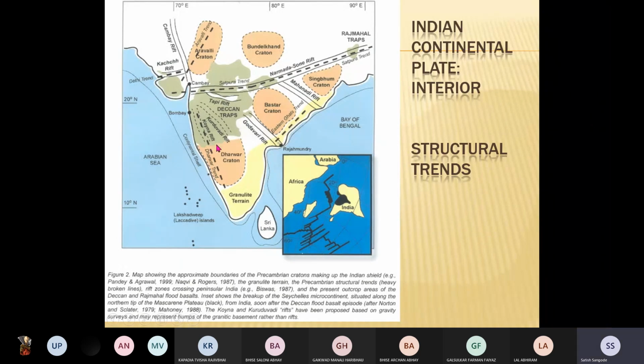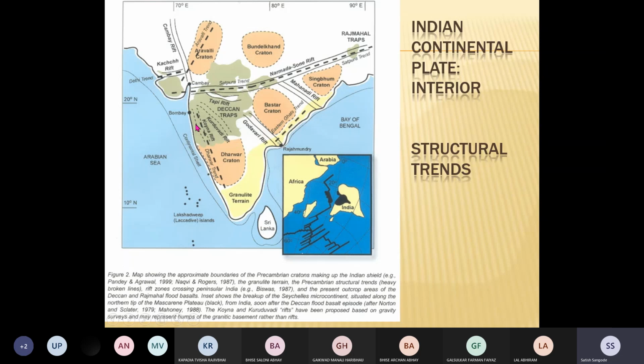Then a large part of the Dharwar Craton is covered by Deccan Trap, and because of that we do not have complete knowledge about the Dharwar Craton. Whatever is exposed is very nicely explored by geologists. Detailed studies are there in the Dharwar Craton, but a lot of it is covered with Deccan Trap.